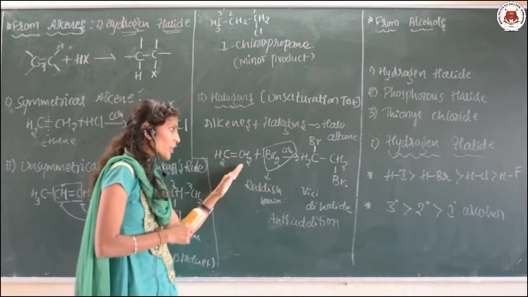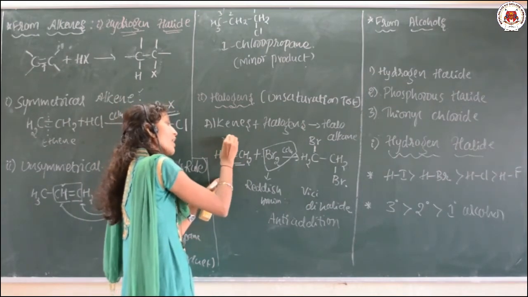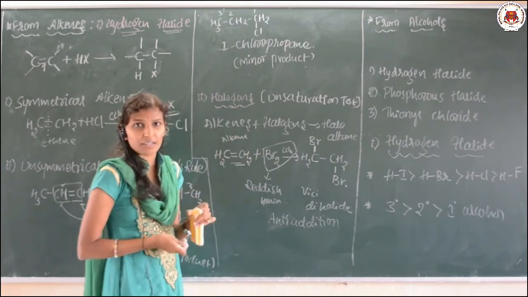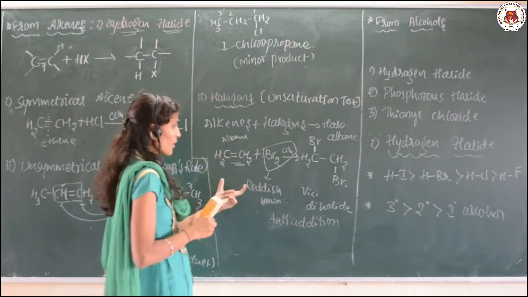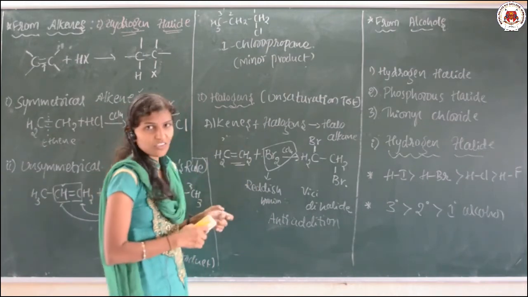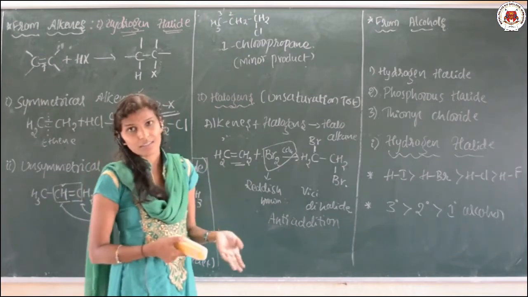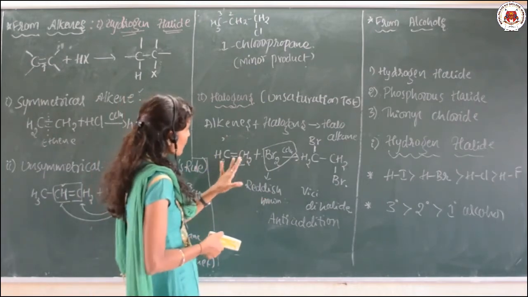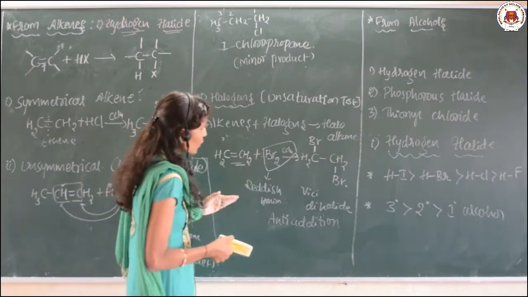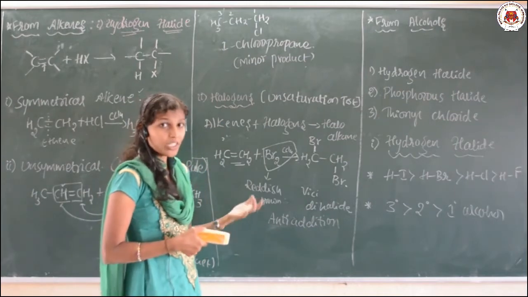If instead I take an alkane and add bromine water, it will not change its color. Only when the compound is unsaturated, either an alkene or an alkyne, will the color of the bromine water disappear.